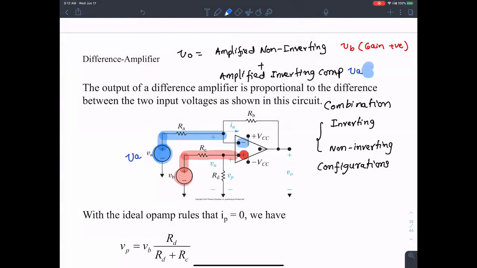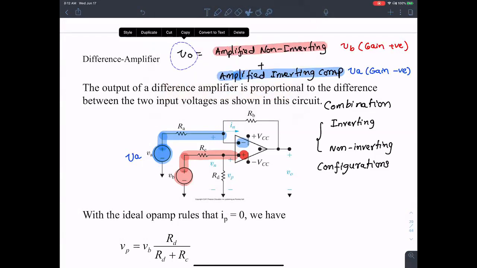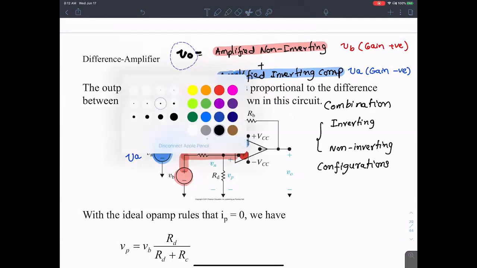VA should be multiplied by gain that is negative. Let me color code this. Here is the negative gain component. There's a positive gain component. That is what I should expect to see on the V output.